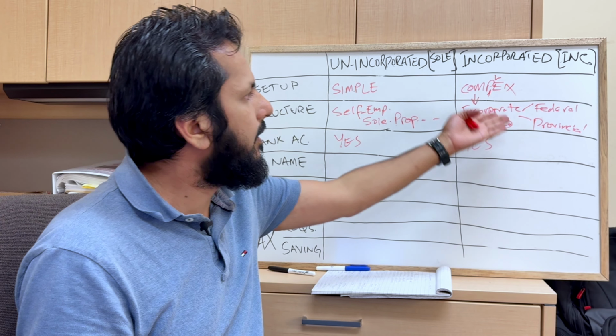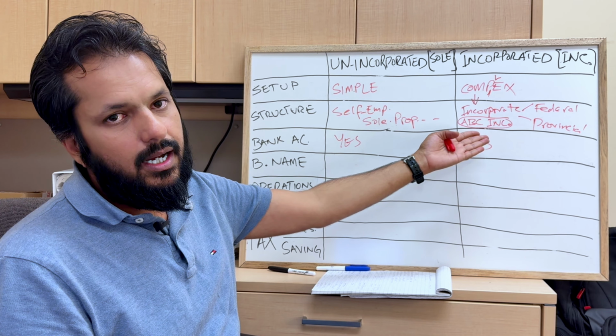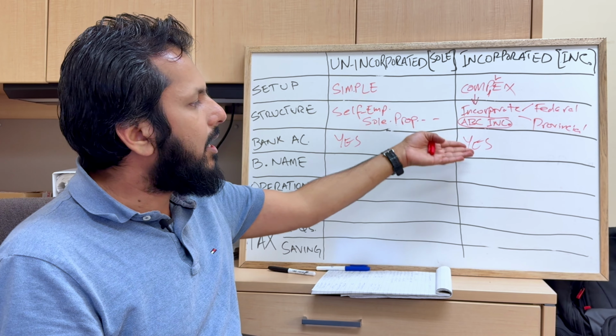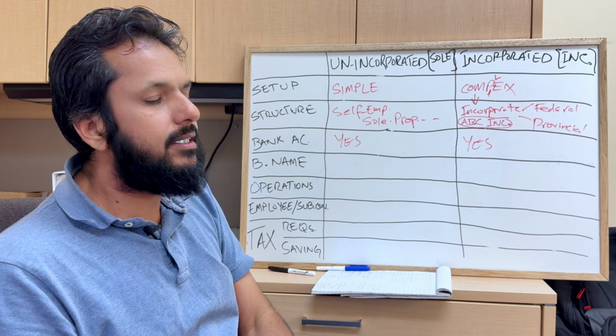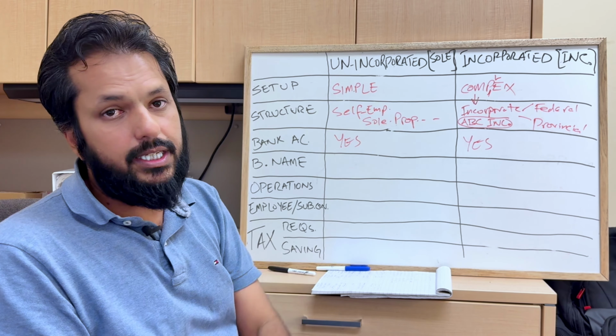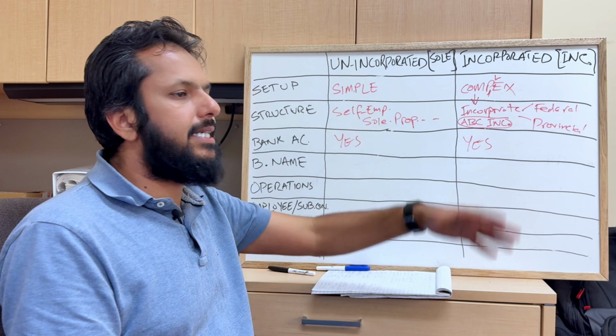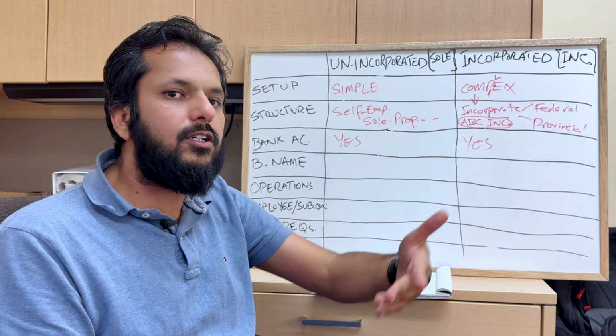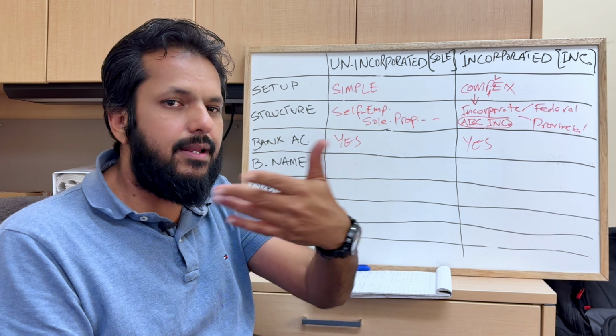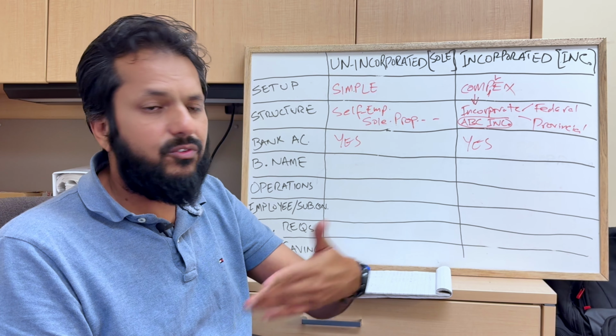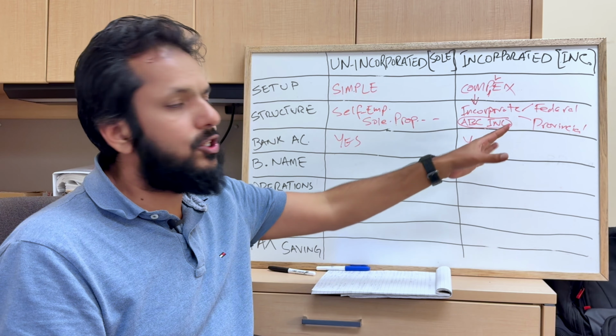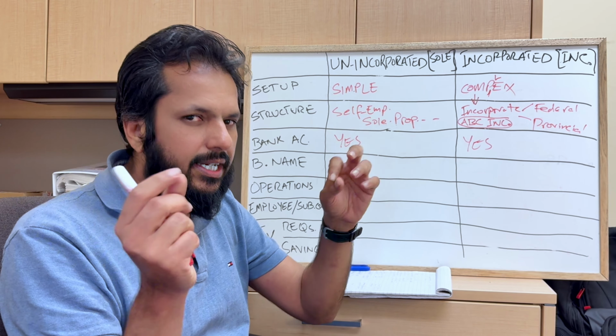But as an incorporated contractor, the bank account is going to be opened under the corporation name, which is ABC Inc. You have to present certain documents to the bank to open that account, articles of incorporation, certificate, and so on. I'm just giving you those quick tips as well.